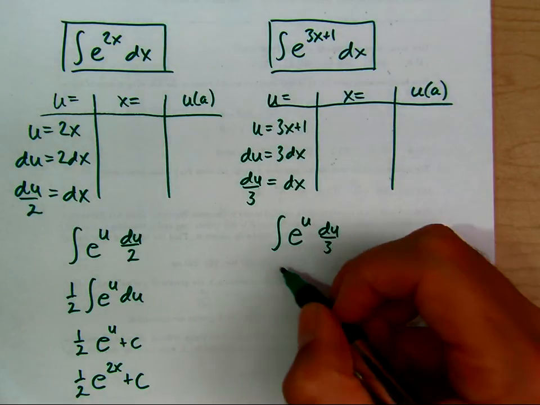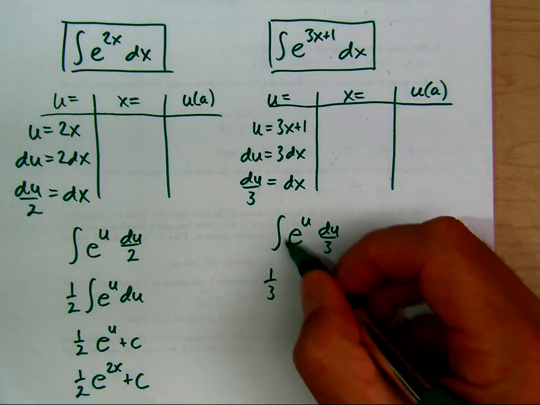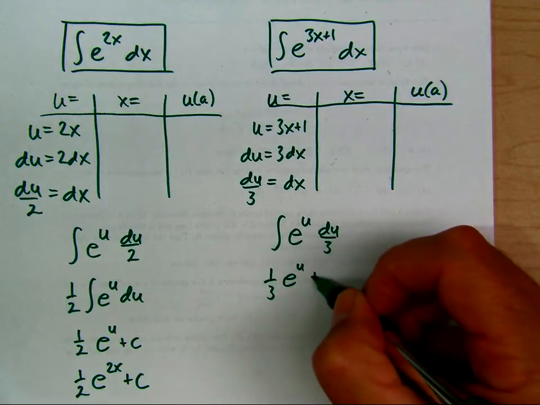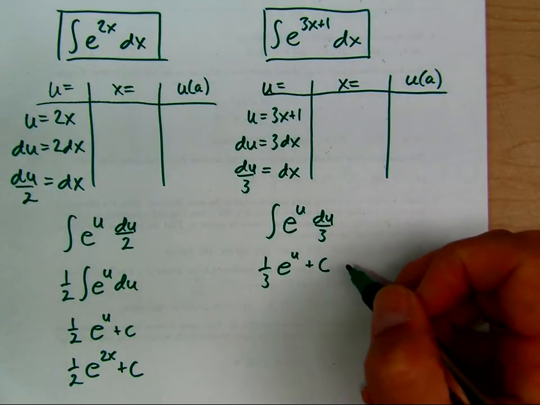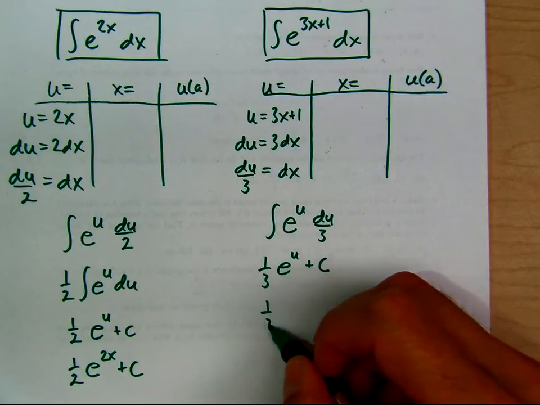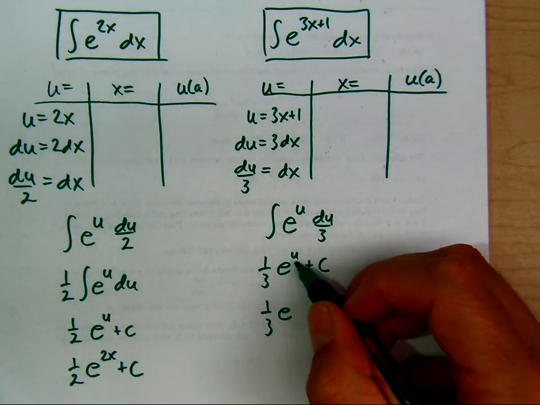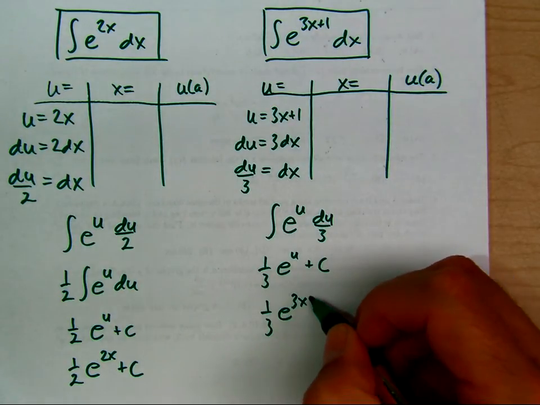So we'll take the 1/3 out. The antiderivative is e to the u. And then substitute for u, and that's 3x plus 1.